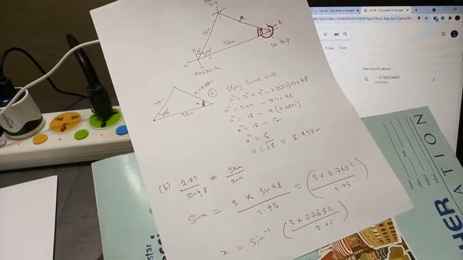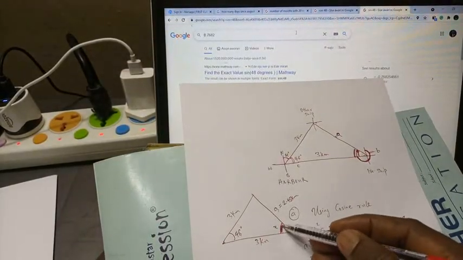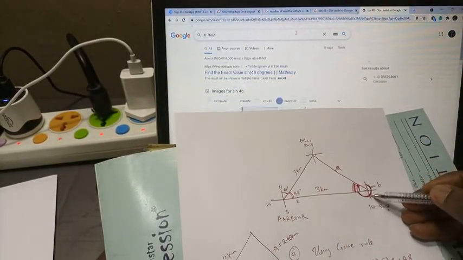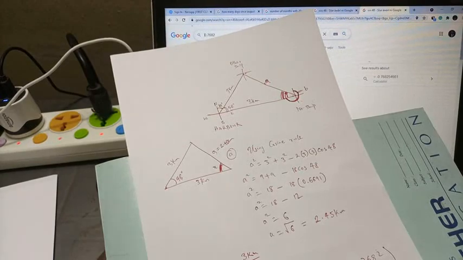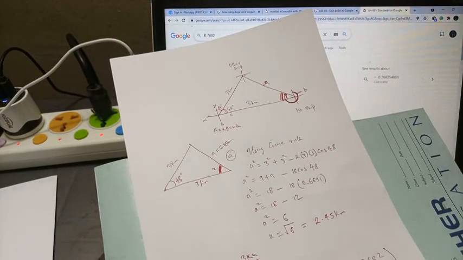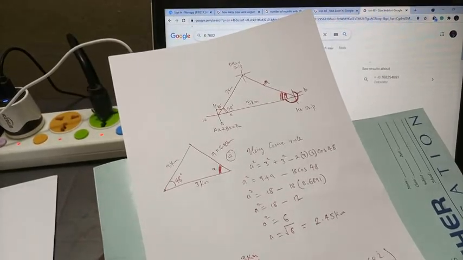So when you press 3 times this over 2.45, you look for the sine arc of whatever you get here, you get S. Okay, so when you get S, S represents this angle, which is the same thing here because this is a triangle. So the bearing will now be 270 plus S. I'll need to stop my phone to press it. So if I solve the next question, I will press it and show it to you in the next question.